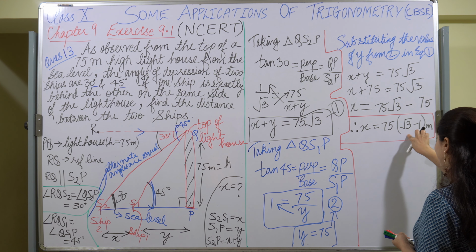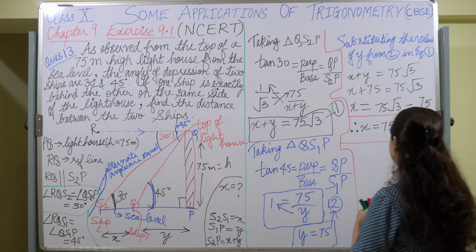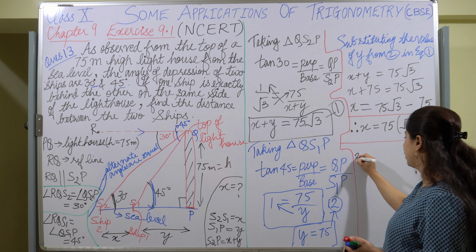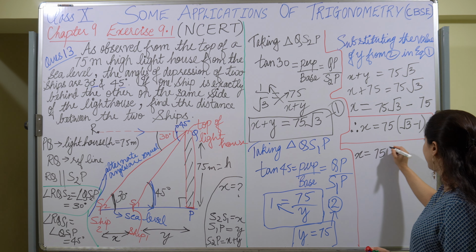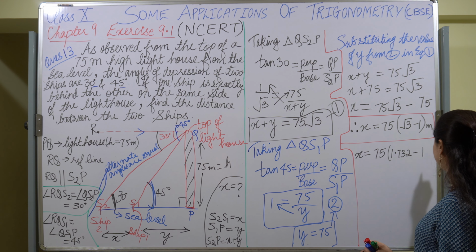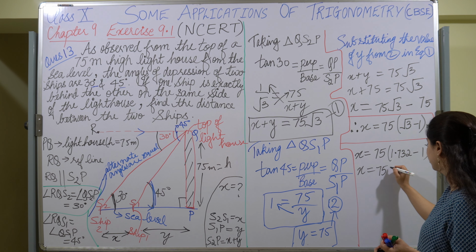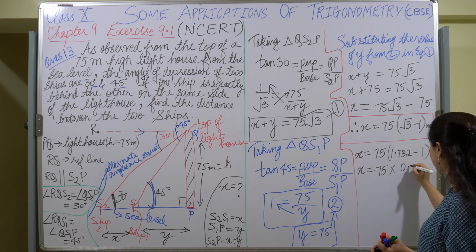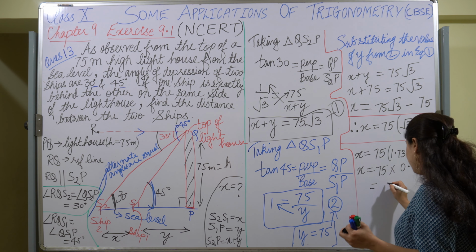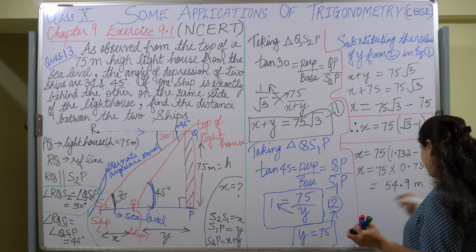We put the value 1.732 in place of root 3. So x is equal to 75 into 1.732 minus 1, which is 75 into 0.732, and that comes out to be 54.9 meters.